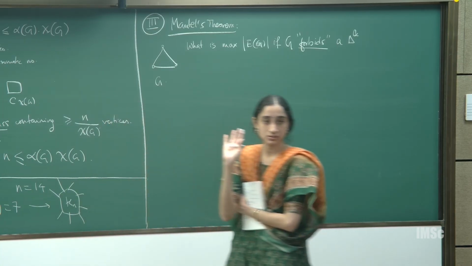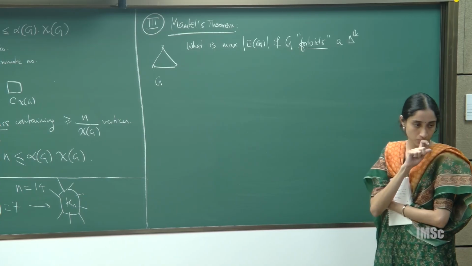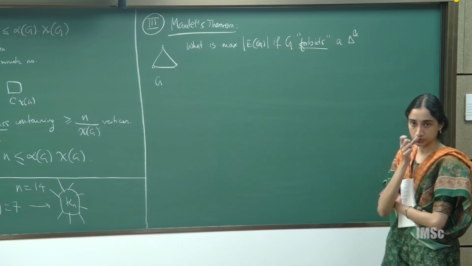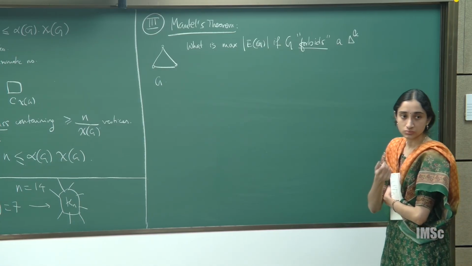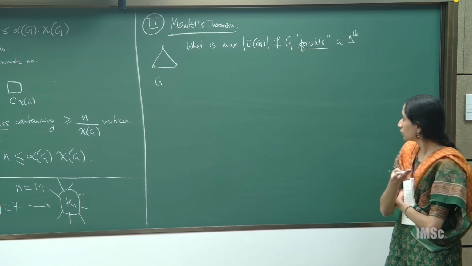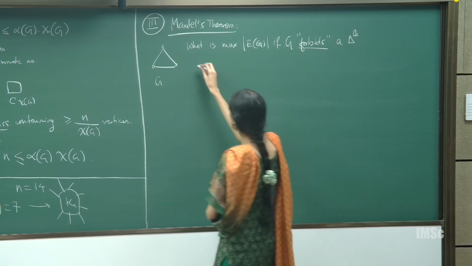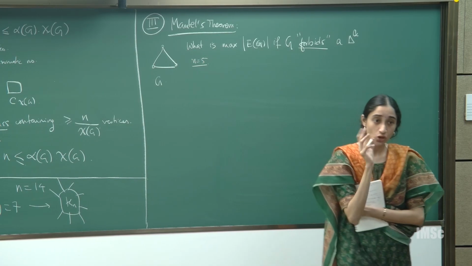Is the question clear? So maybe you can try to draw a graph on 4 vertices. 4 is a good choice, or maybe 5 vertices, that does not contain a triangle.